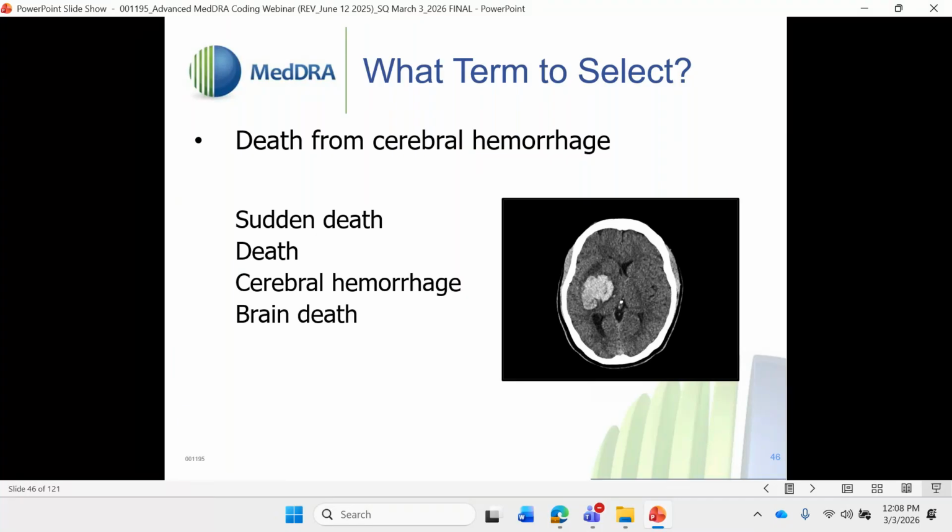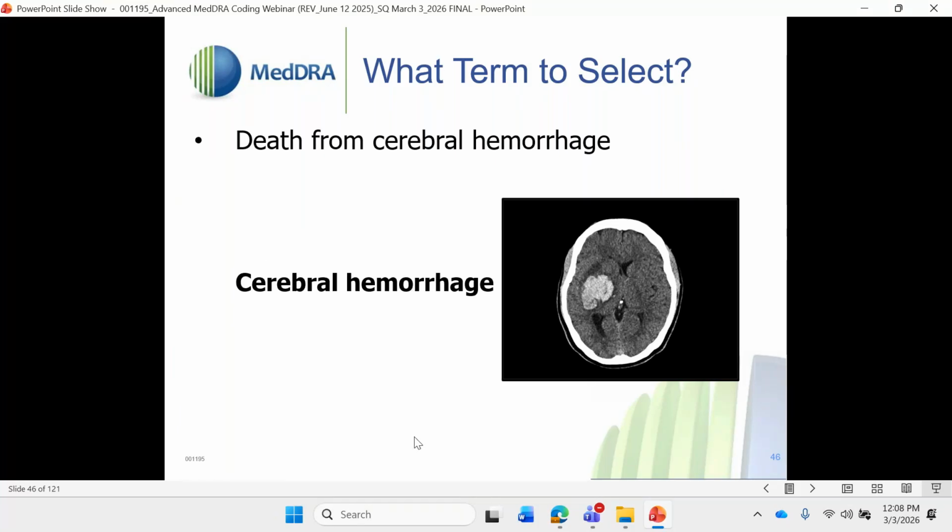It didn't say sudden death, and it's just reported death. So the correct thing would be to code just the term cerebral hemorrhage, because death is going to be in the outcome field. You report what is the adverse event, the cerebral hemorrhage. Again, first and foremost, use your medical judgment and the information as it is provided, in the context in which it is provided.